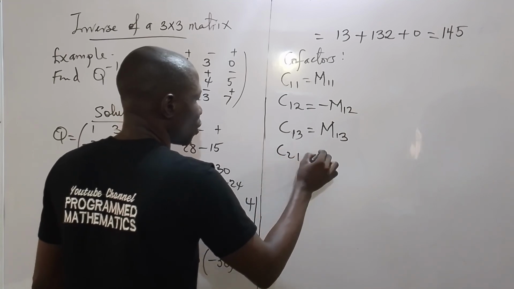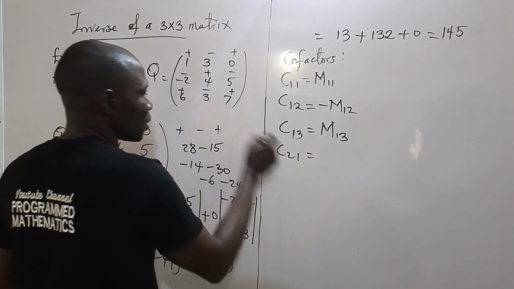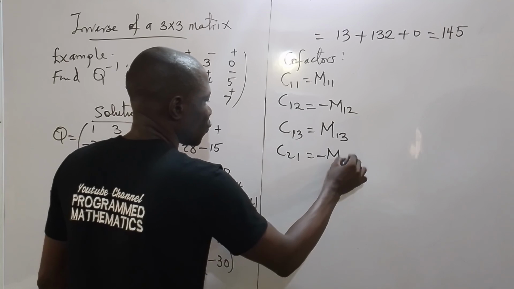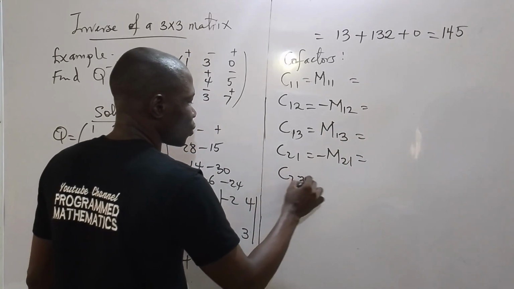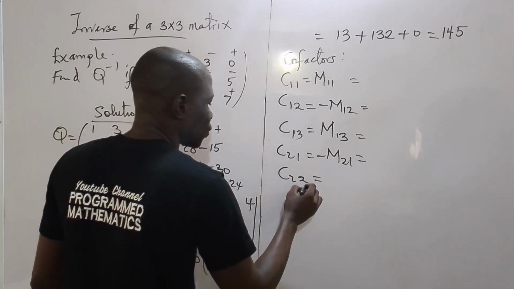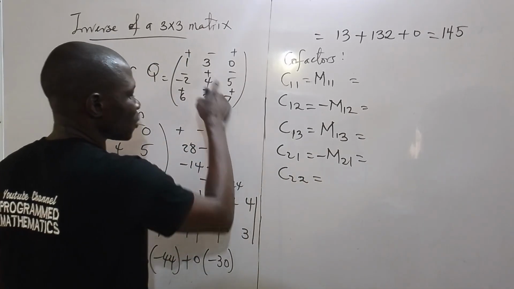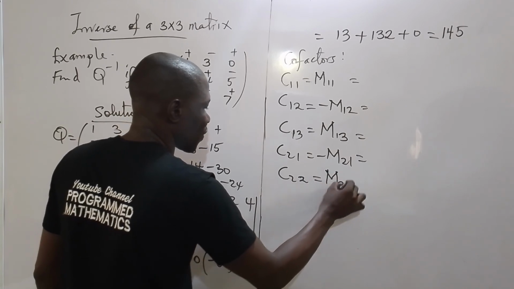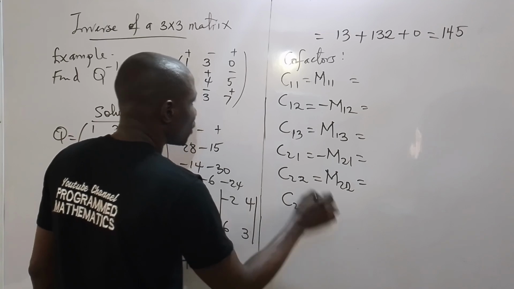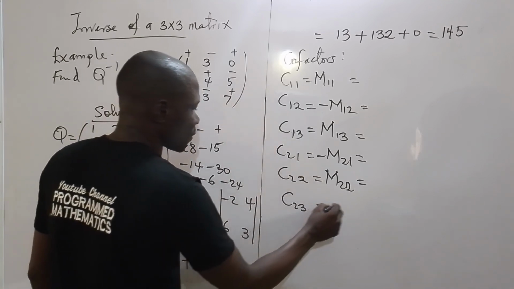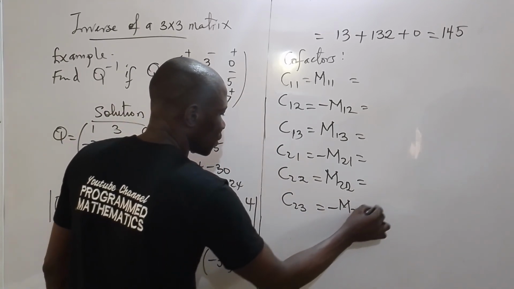Then C21, the sign convention is negative, so minus M21. We'll get all this later. Then C22, the sign convention is plus, so this is positive M22. Then C23, the sign convention is minus, so this is minus M23.